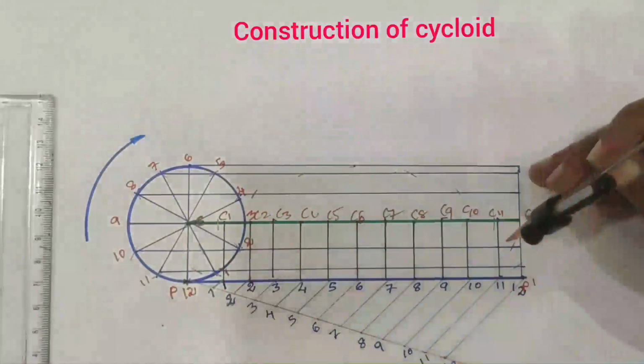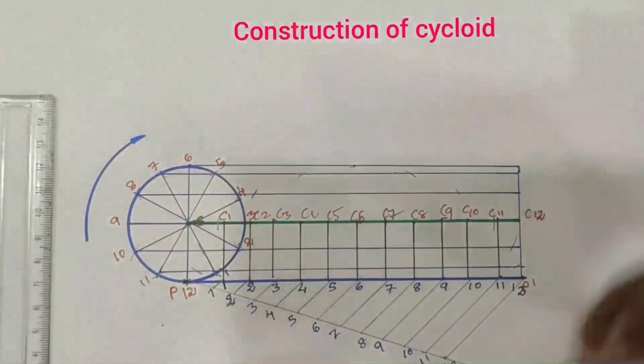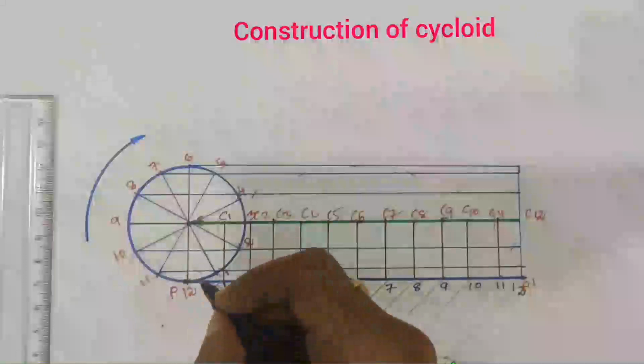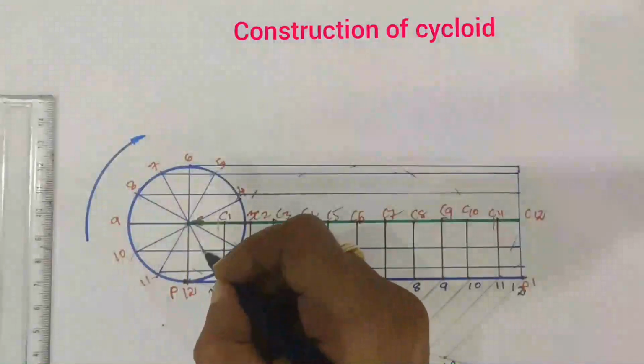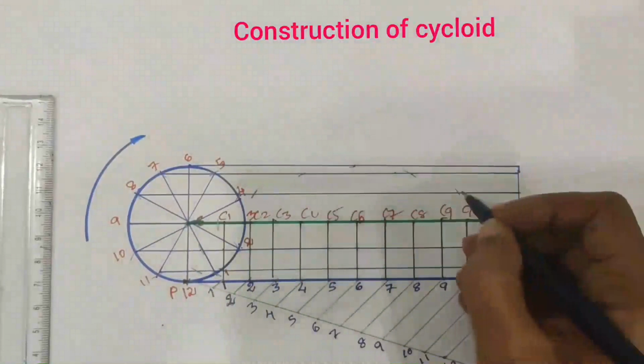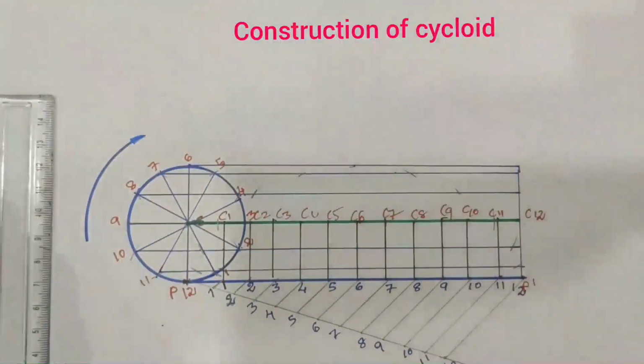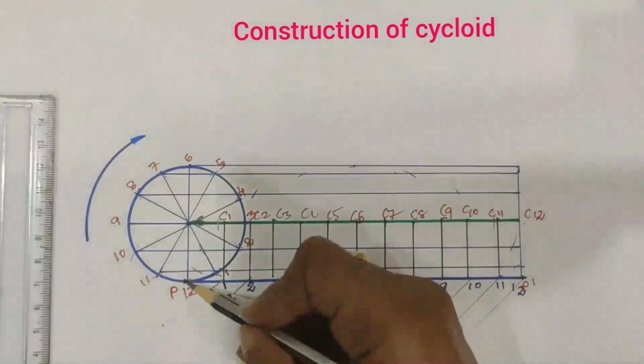Then C12, it is going to come here. Then name these points, say P1, P2, P3, P4, P5, P6, P7, P8, P9, P10, P11, P12, and join those points with the help of a smooth curve. That smooth curve is called cycloid.